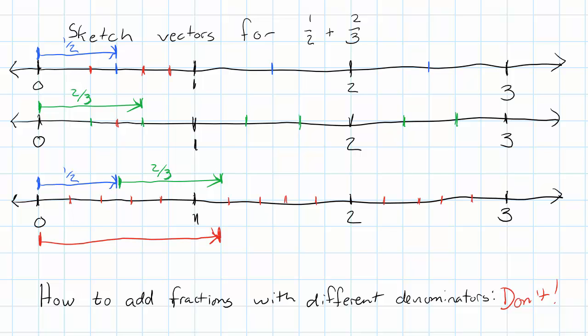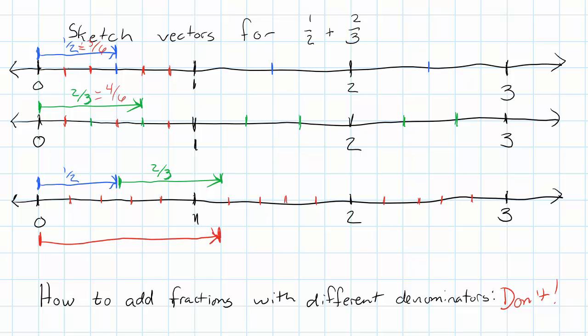And now after staring at this for a little while, I see that if I put in these tick marks as well, I'll have my unit divided into 6 equal parts. I'll see that 1/2 is equal to 3/6 and 2/3 is equal to 4/6. So I expect my result to be in sixths.